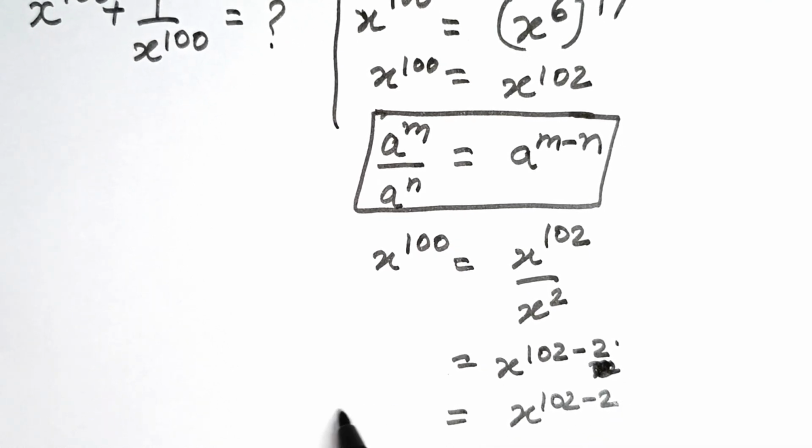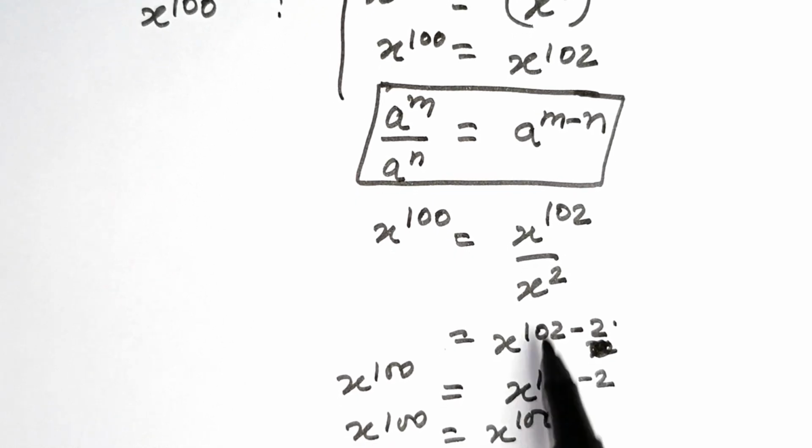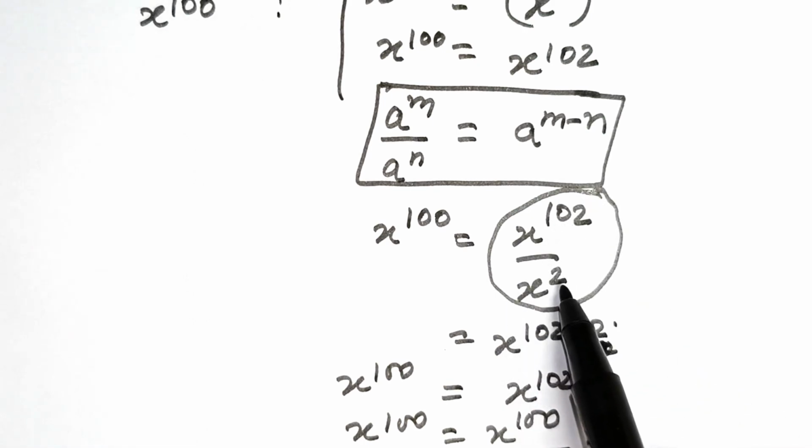So x to the power 100 is equals x to the power 102 minus 2, that will be x to the power 100. So x to the power 100 can be written as x to the power 102 upon x to the power 2.